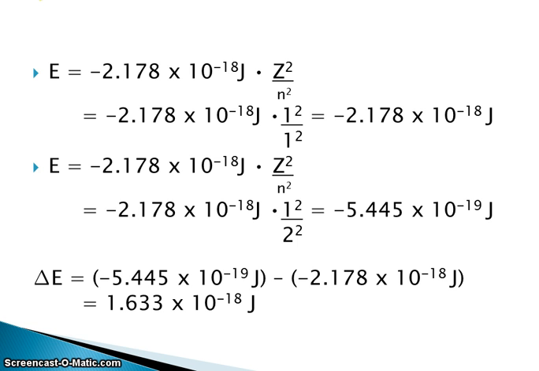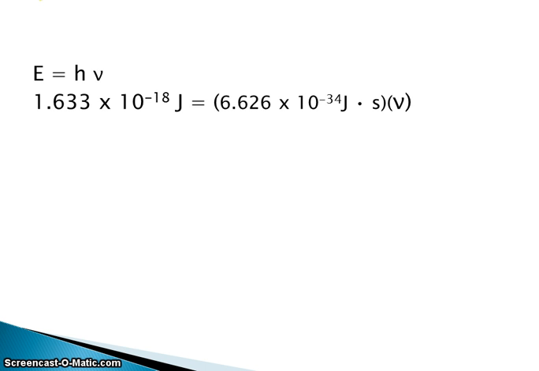So that's how much energy would have to be added in order to move a hydrogen electron from the first energy level to the second energy level. It also would be equal to the amount of energy that would be given off if that electron were to go from the second energy level, where it's at its excited state, back down to the first energy level at its ground state.